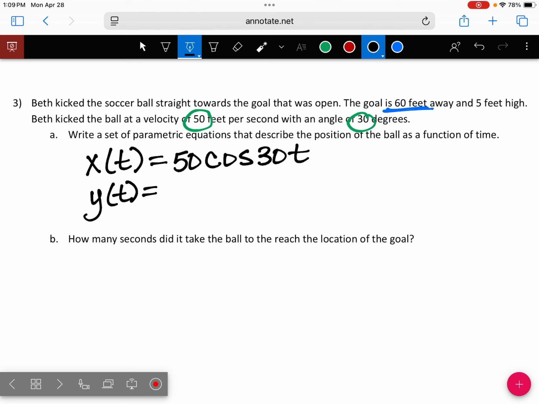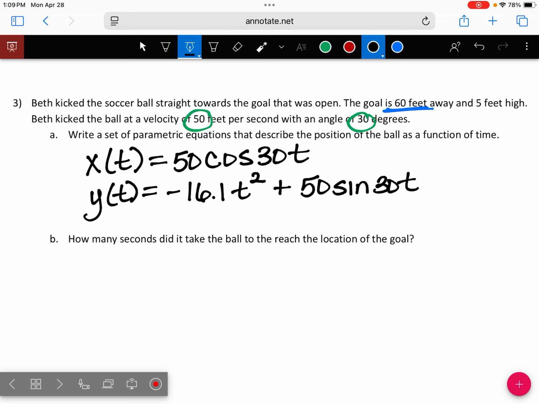So I'm going to start it with negative 16.1 t squared plus 50 sine of 30 t. Now, when she kicks the ball, it's on the ground, so we don't need to add a height, it's 0.